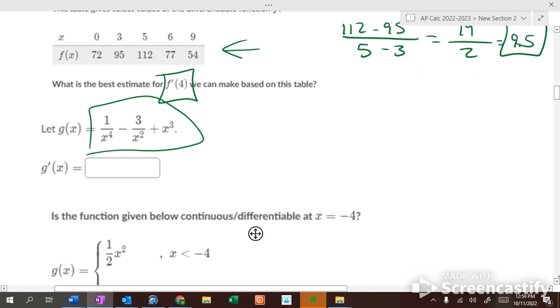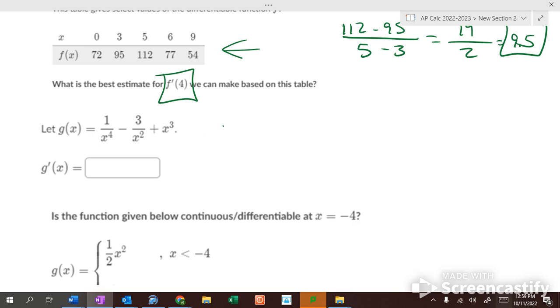First derivative of this bad boy. What should we do before we try to take the first derivative? Yep. Bring the exponents in the denominator up to the numerator. And then do the power rule. So negative 4x to the negative 5 plus 6x to the, oop, we're going the wrong way.